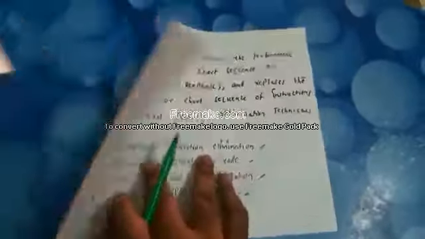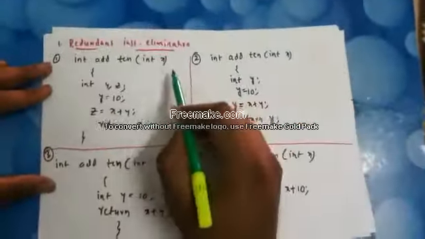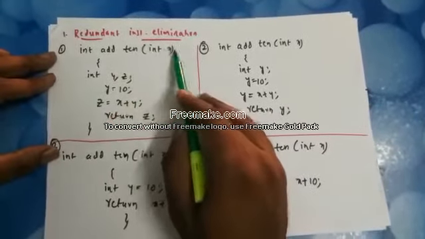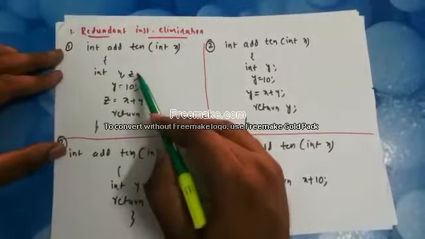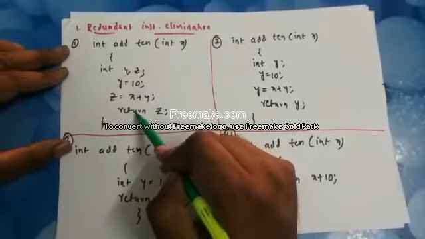So the first one is redundant instruction elimination. This is the source code: int add(10), int x, begin, int y, z, y equal to 10, z equal to x plus y, return z.